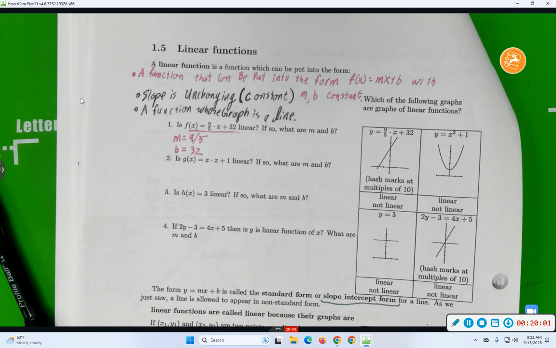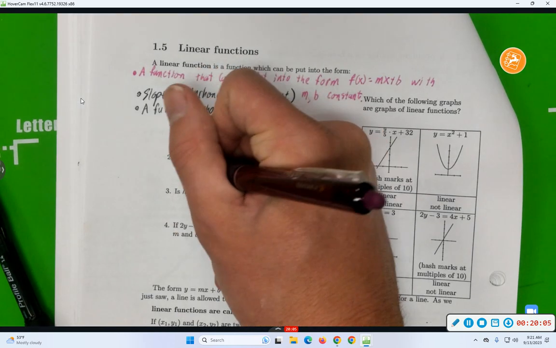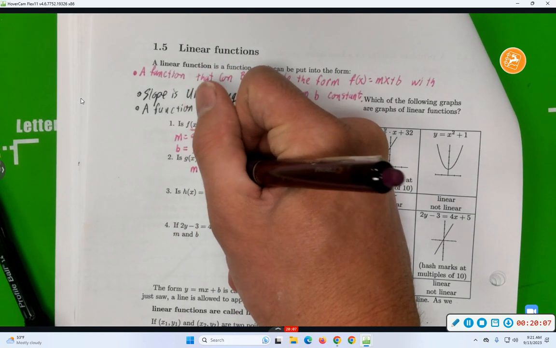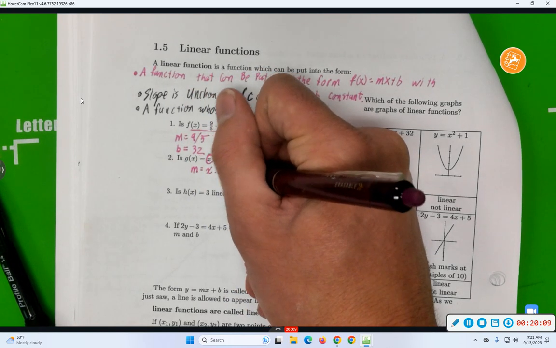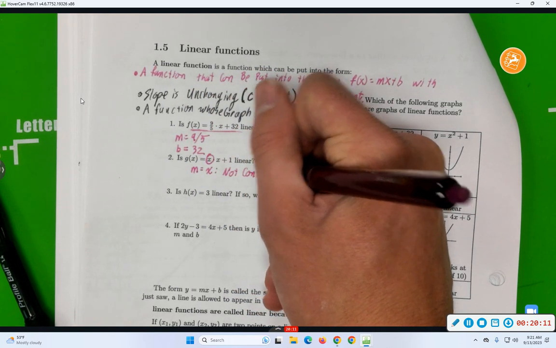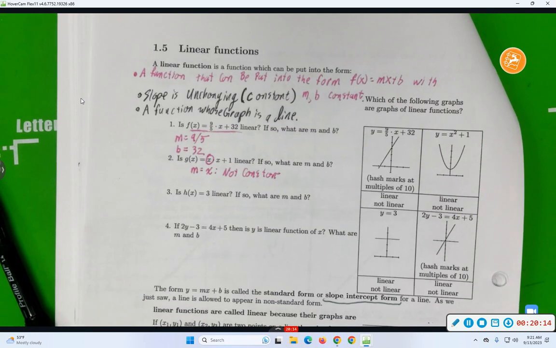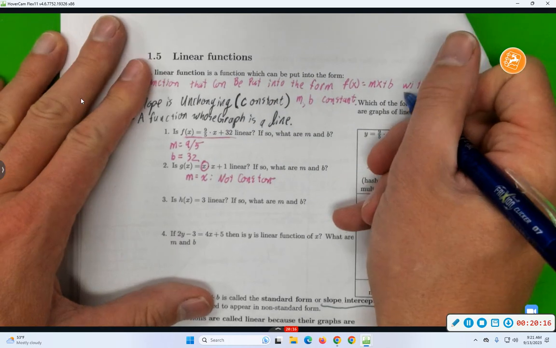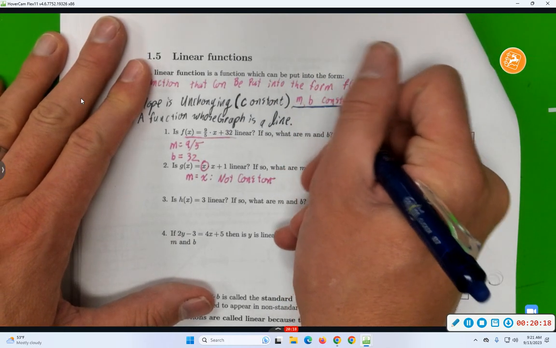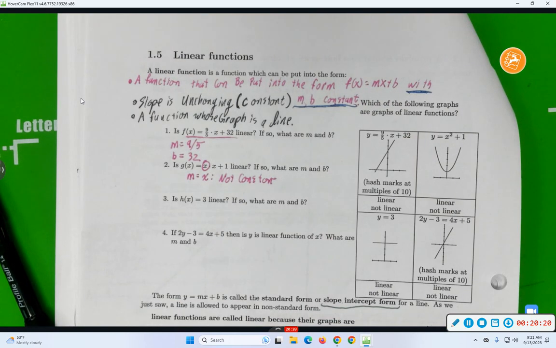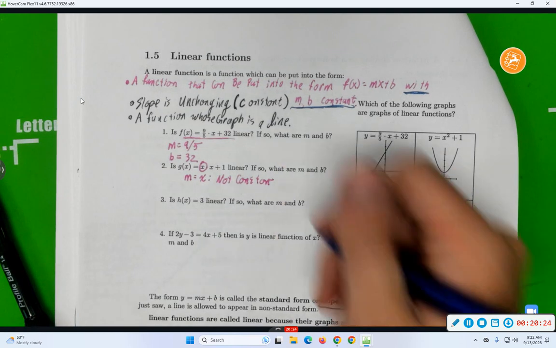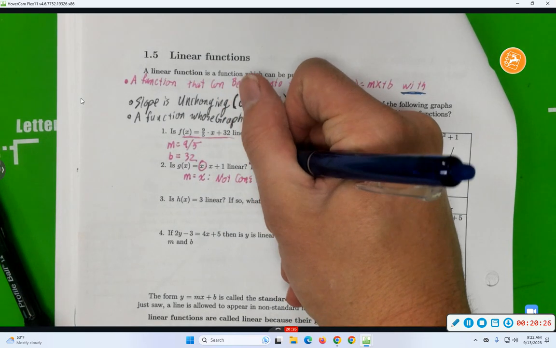Yeah, it sure looks like this has m equal to x, but this is not constant. So this bit at the end, which seemed like it may have just been a throwaway, with m and b constant, is actually pretty important. The m and b have to be honest to God constants. So is this linear? No, it is not.